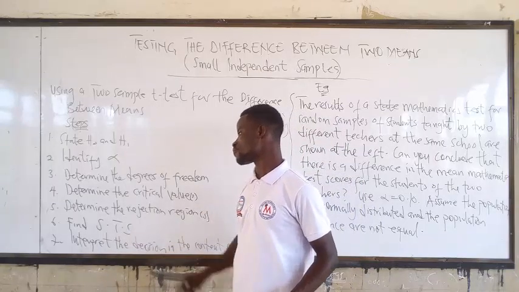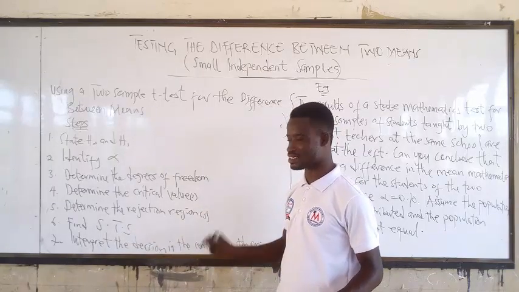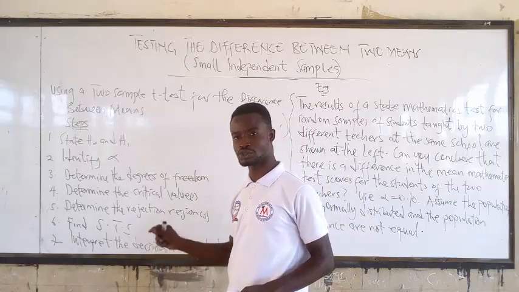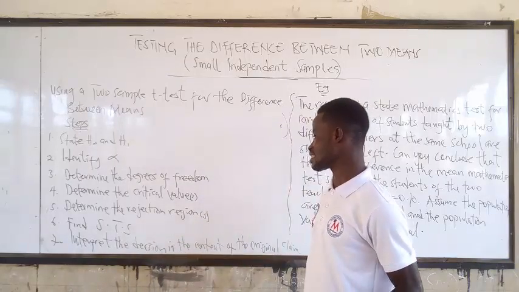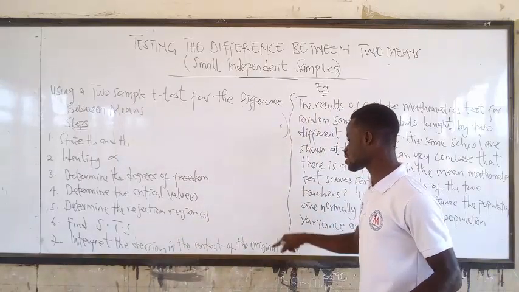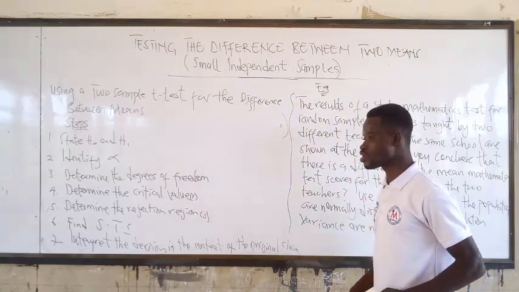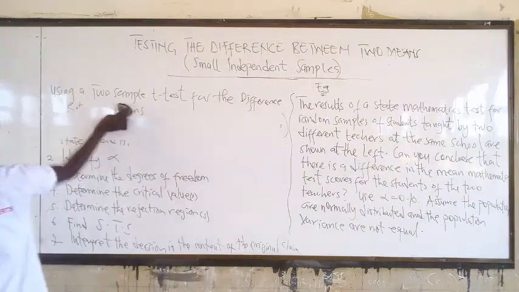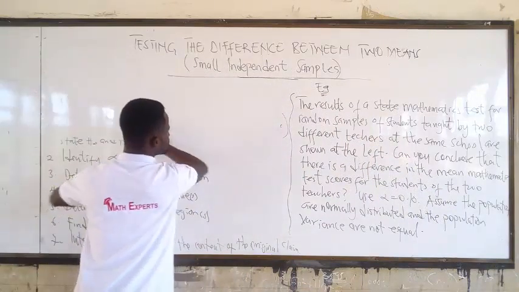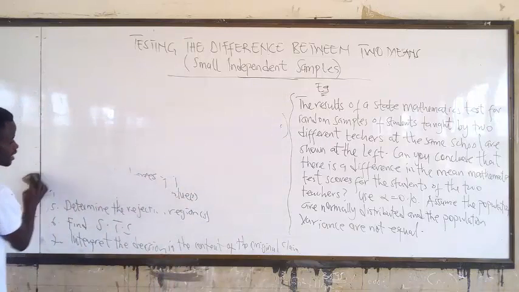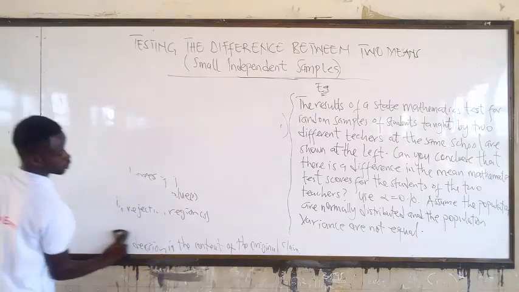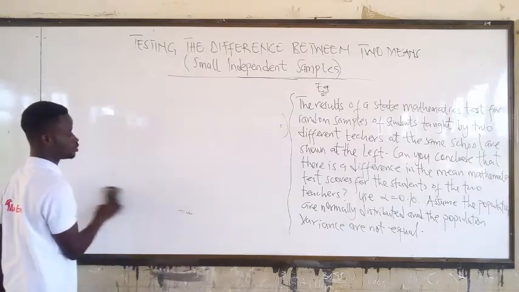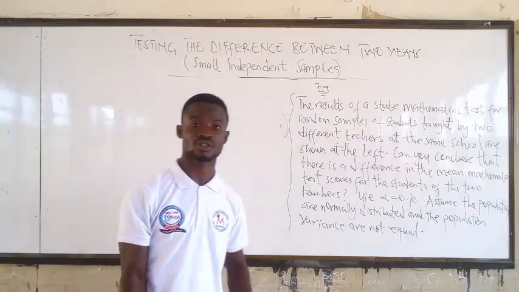That is why it says find the standardized test statistic, because that's what you're going to use. Then you interpret the decision in the context of the original claim. Alright, so let's come back to our first question and this small independent sample. Small independent sample, and you will have it. It's not difficult. Okay, good.